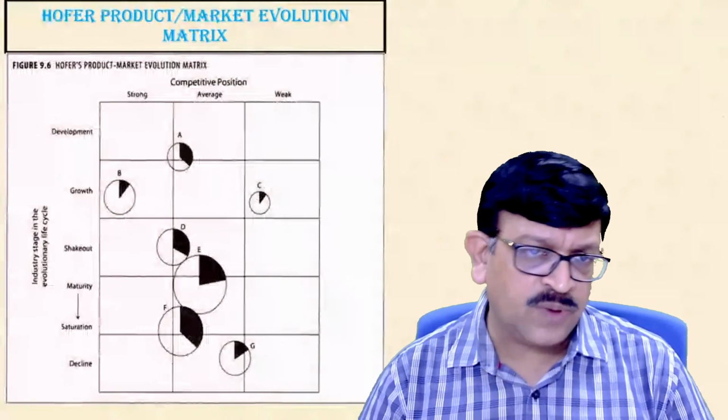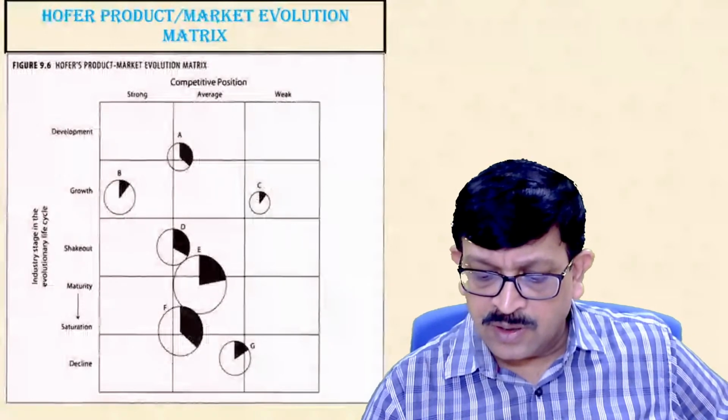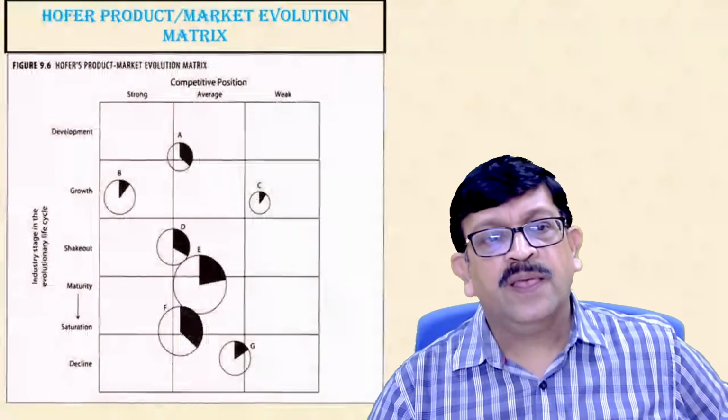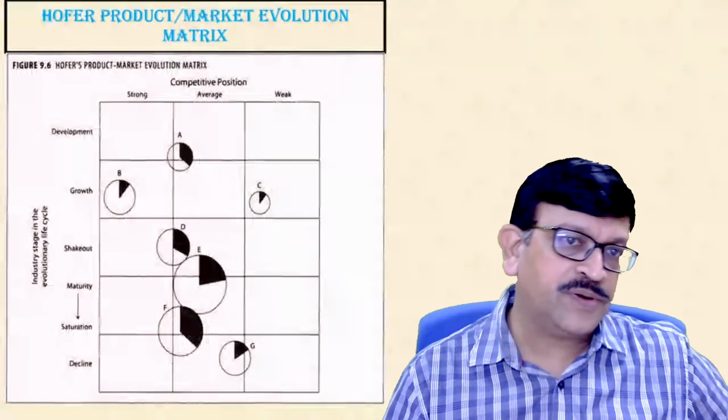The dark wedges represent the market share of the business unit, whereas the circle represents the total industry. So it gives you a comparative figure as to where you stand in terms of your competitive position.